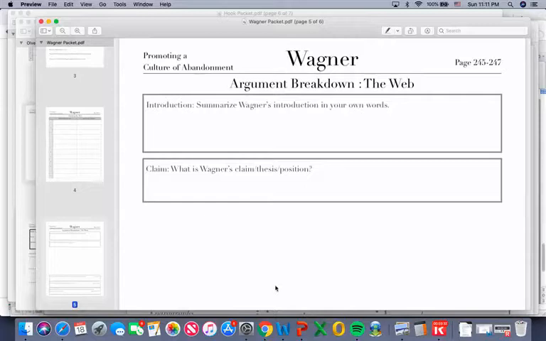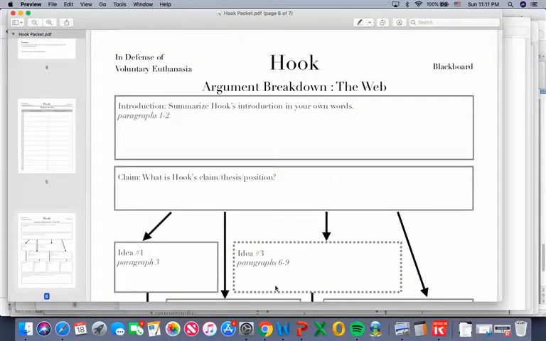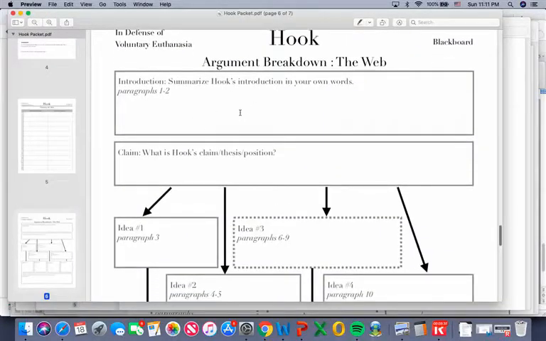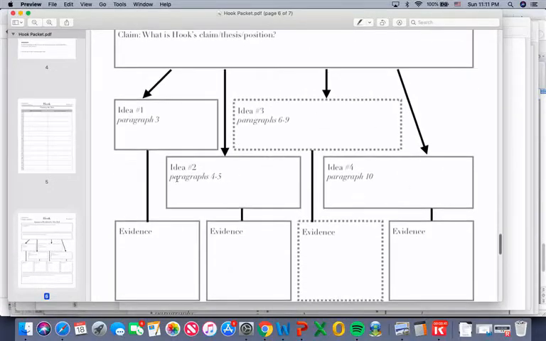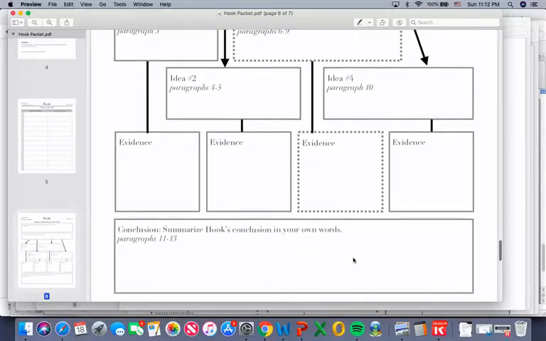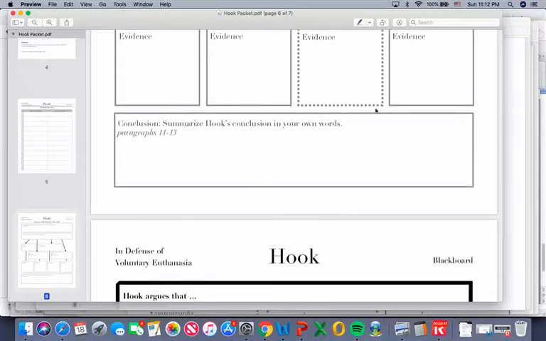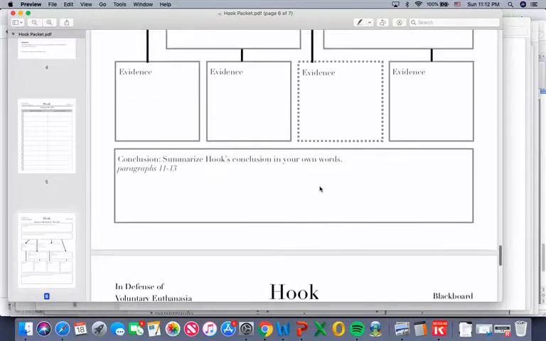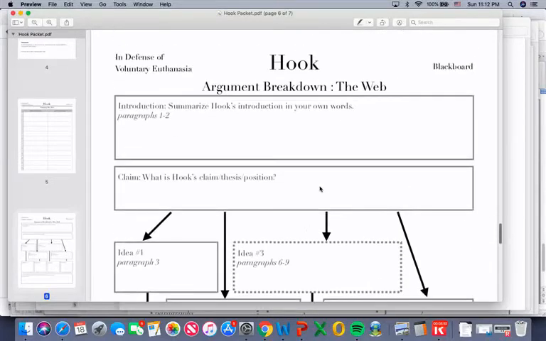We'll see what emerges in the other iterations of this activity. Let's look at Hook. We can see there's an introduction, then the main claim or thesis, then in the middle a series of ideas, and the last part is the conclusion. There's some similarity to Wagner's.